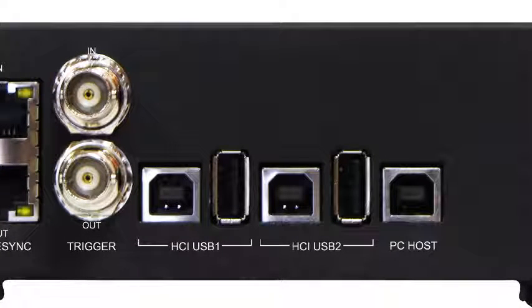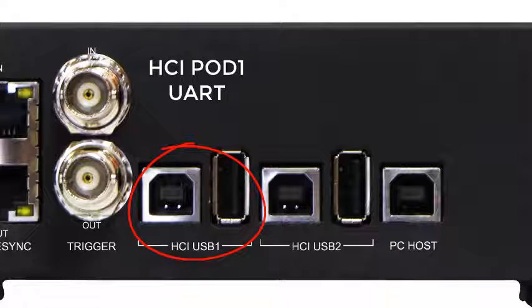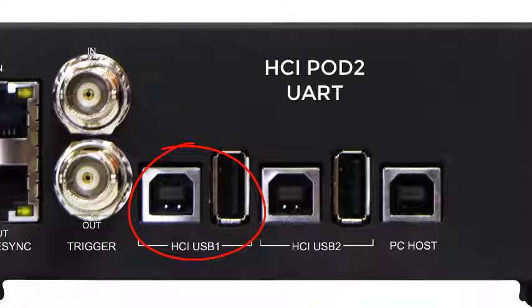We will note here that when making a capture over a USB port, other HCI captures cannot be done with the corresponding HCI port. To illustrate, if you are using HCI USB 1, you cannot use HCI Pod 1 for UART captures. However, you can use HCI Pod 2 to capture UART traffic.